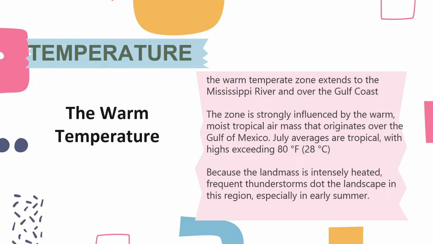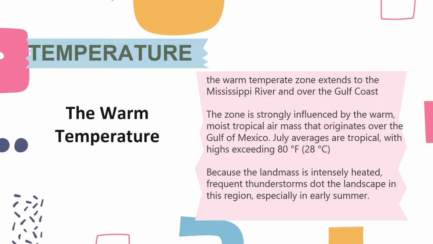The next is temperature. The warm temperate zone. On the southeast coast of the United States, the warm temperate zone extends to the Mississippi River and over the Gulf Coast. The zone is strongly influenced by the warm, moist tropical air mass that originates over the Gulf of Mexico.